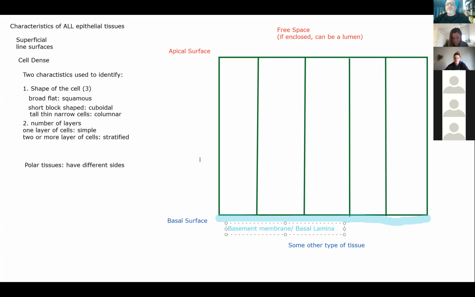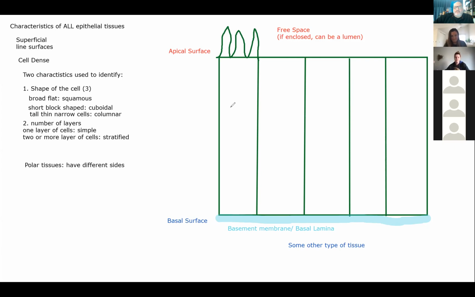And again, remember, one of the things we've talked about with these cells is that they could have microvilli or cilia on the surface. So if I had cilia up here on the top of this cell, and I took the cell and rotated and turned it upside down, would it function the same way? No. So when we talk about it being polar, we don't mean that one side's positive and one side's negative.